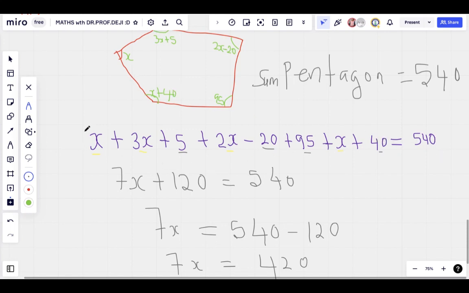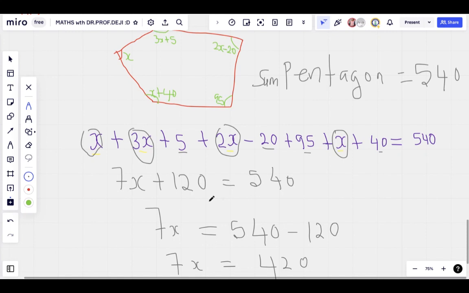Then you add all the x together first. x plus 3x is 4x, plus 2x is 6x, plus another x is 7x. Then I add these numbers. 5 minus 20 is minus 15. Minus 15 plus 95 is 80. 80 plus 40 is 120.